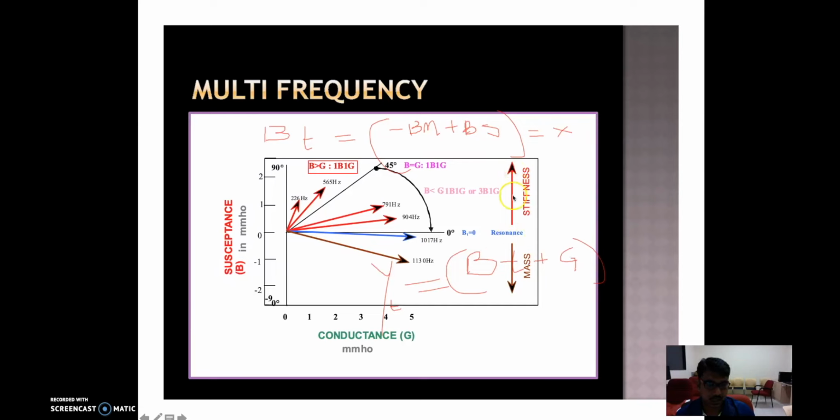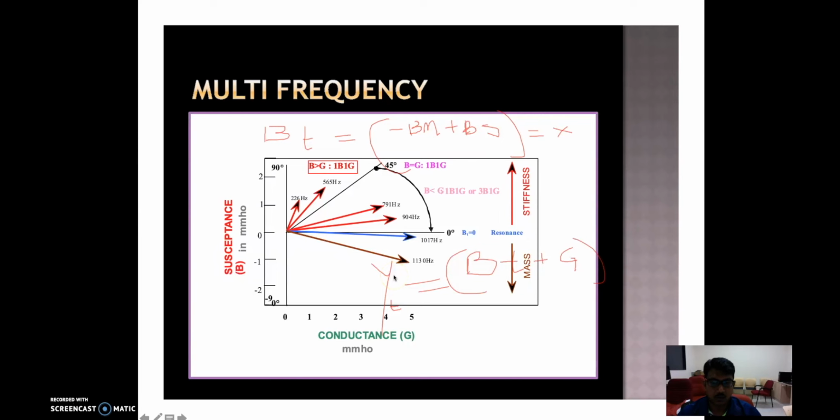So this is the stiffness quadrant and this is the mass quadrant, and in between you have something called resonance. This happens as we increase the frequency, or when there is a pathology which alters the middle ear in such a way that there is more contribution by the mass component of the system. Then also the same thing happens.